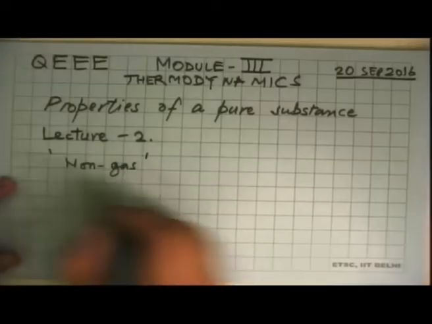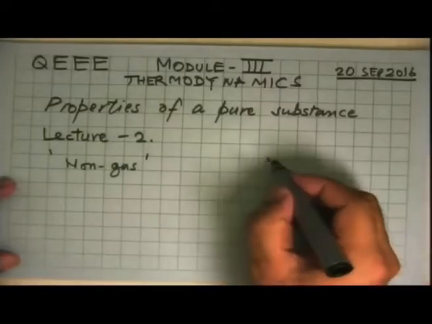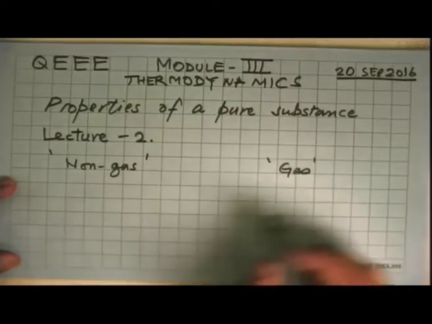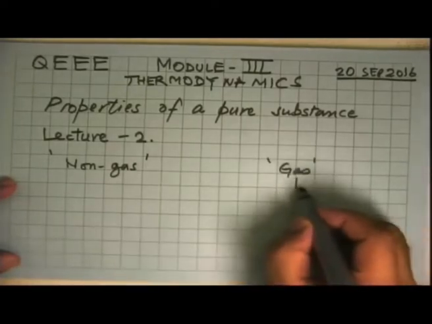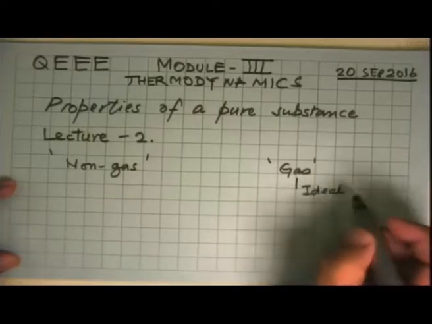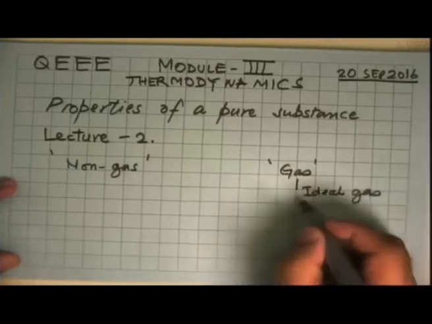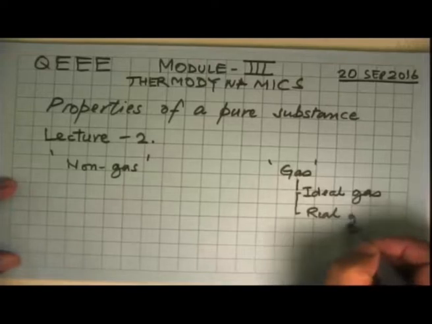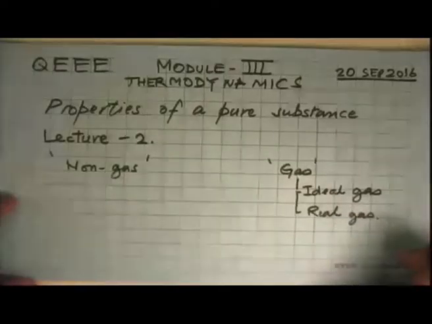Two categories: what may be called not a gas or a non-gas, and a gas. And within gas, we have the most idealized situation, which we call the ideal gas, and then a real gas that deviates from this.